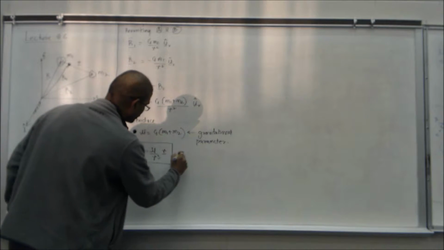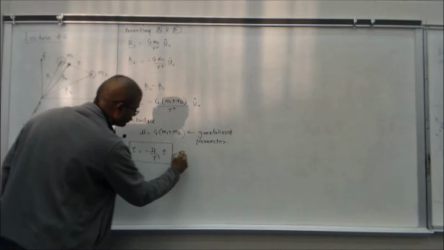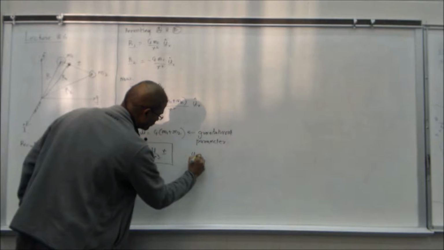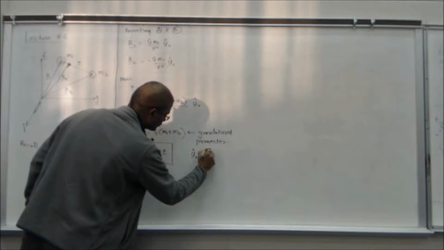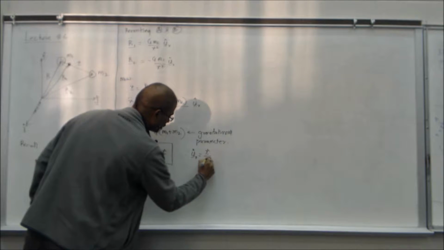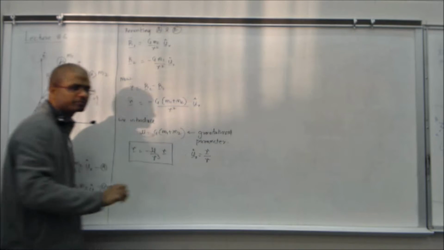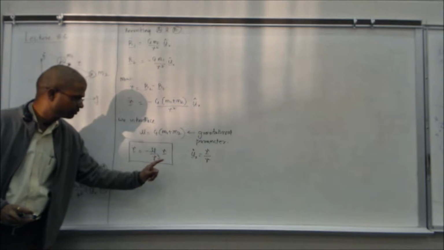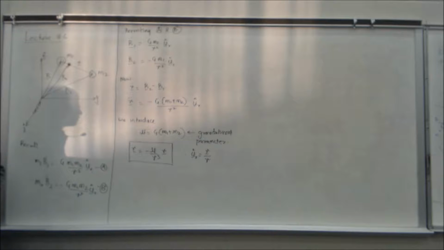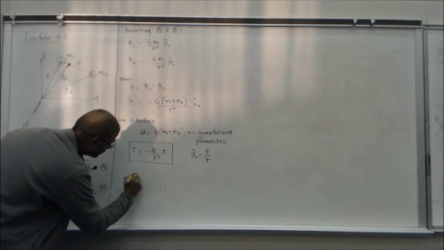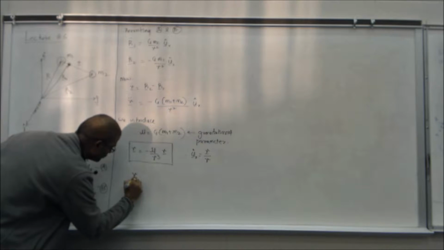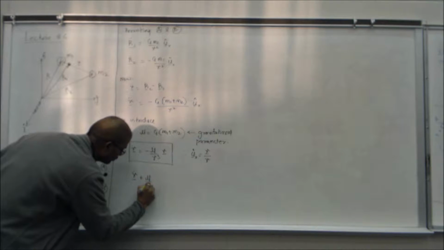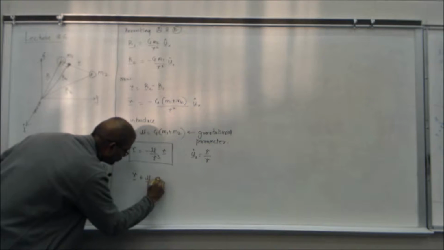How is UR defined? UR is the unit vector, right? Because this is how UR is defined. If I just substitute that, we're going to get this. Okay, this is also written as plus mu over R cubed times R.